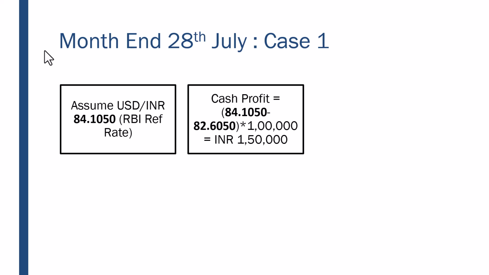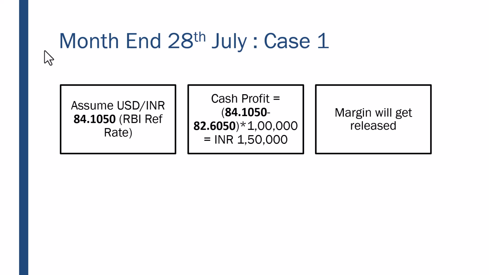You're not going to get dollars. You are going to get a gain of 1,50,000. The margin which you paid will get released. You paid 2,28,000. That money will come to your account, and the person who is in the opposite position will lose 1,50,000, and you are going to get the gain. Since you have bought it, you are making money. The person who sold to you is making a loss.